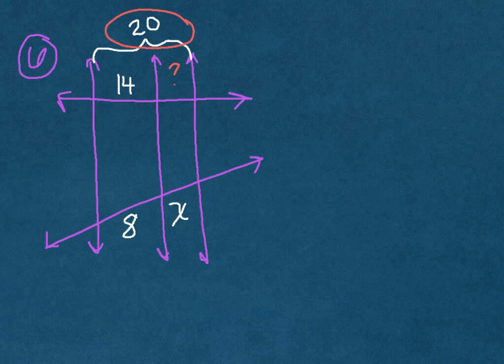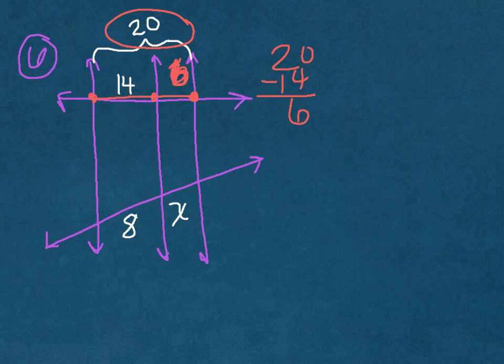So 20 is the whole from this point to this point. And we know that this much is 14, so if we subtract 14 from 20, we get 6. So our missing question mark is 6. I'm just throwing that out there in case you see that and you're like, I don't know what to do. Help me.